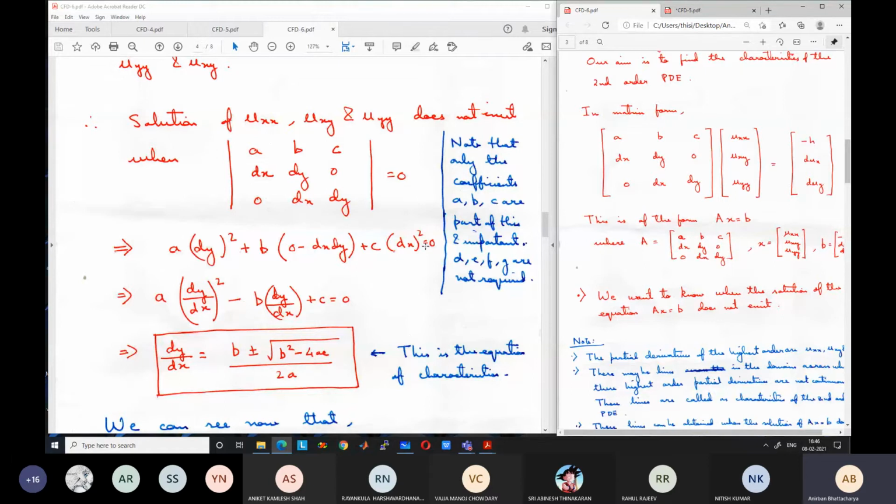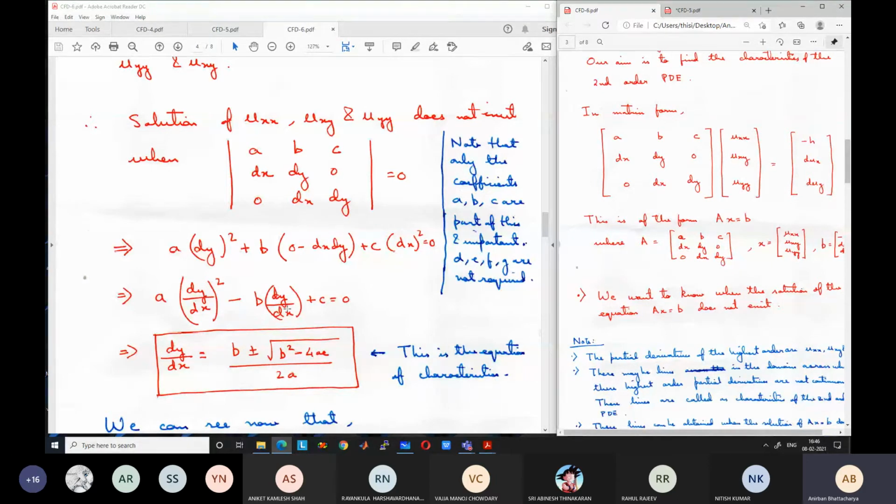Dividing all the terms by dx square, we get A (dy/dx) whole square minus B (dy/dx) plus C equal to 0.